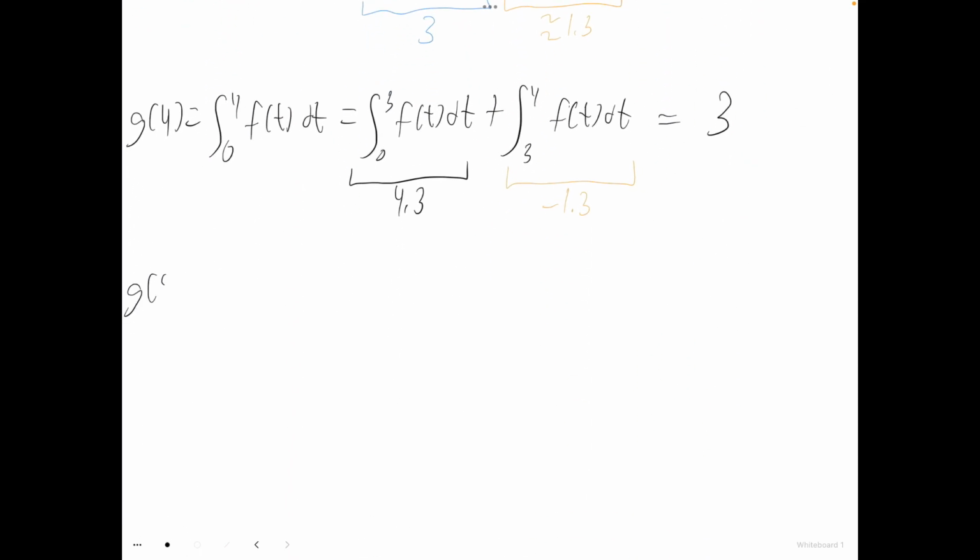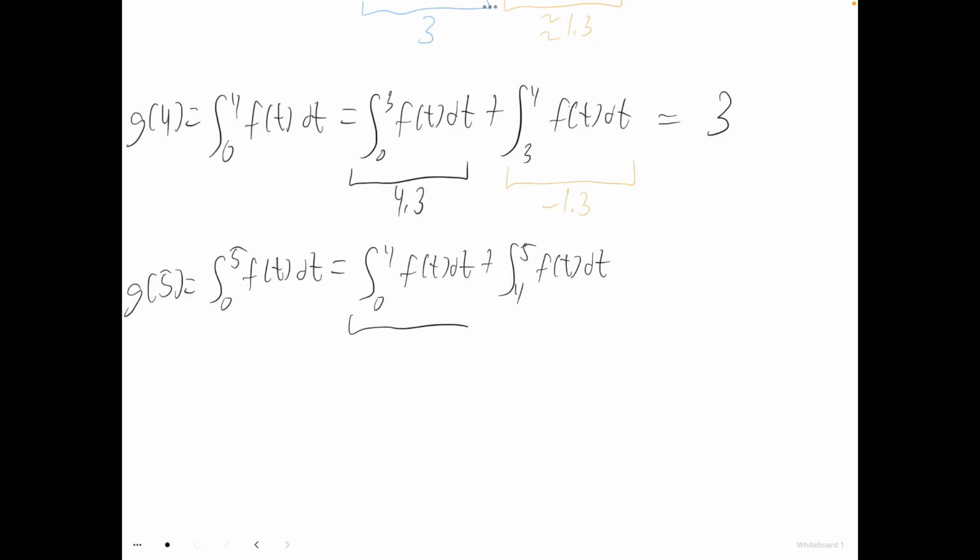And then g of 5 is the integral from 0 to 5 of f of t dt, which is the integral from 0 to 4 of f of t dt, plus the integral from 4 to 5 of f of t dt. From 0 to 4, we found a value of 3. So now we want to go from 4 to 5.